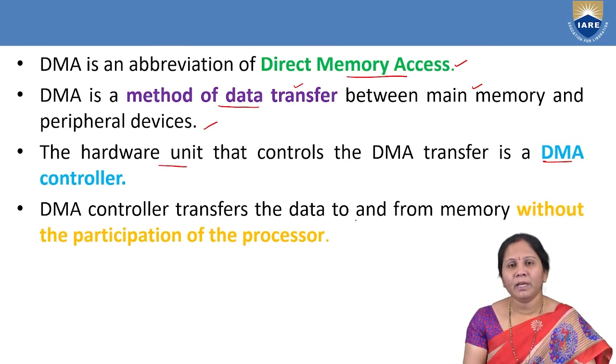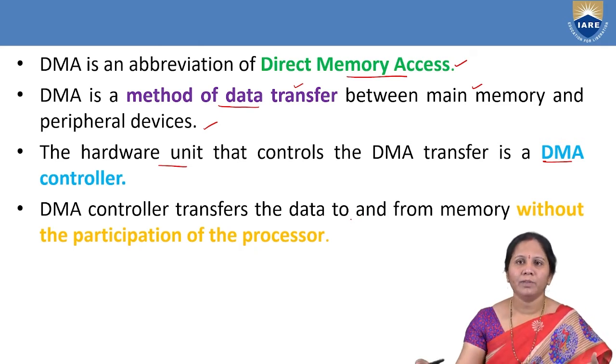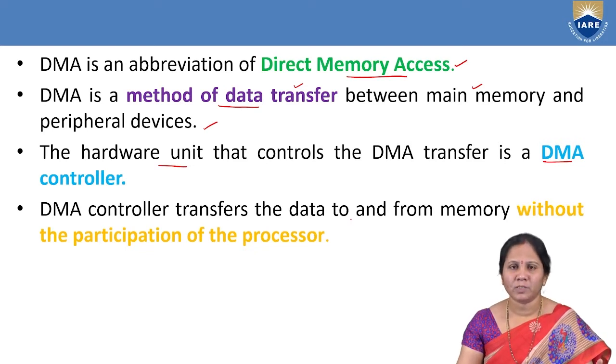Now, the DMA controller is going to transfer the data between the main memory and IO devices without involving the microprocessor. There is a drawback if the microprocessor is involved every time when data transfer is required between main memory and IO devices. That is why we have to isolate this microprocessor.